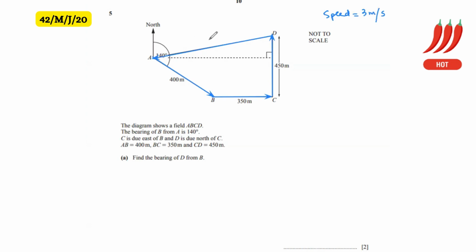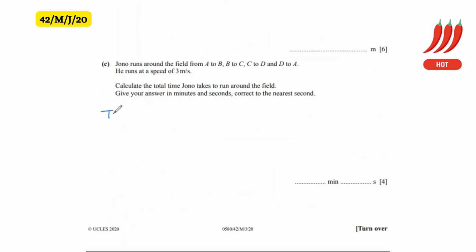So we found AD to be 623.8 meters. The total distance is going to be 400 plus 350 plus 450 plus 623.8.